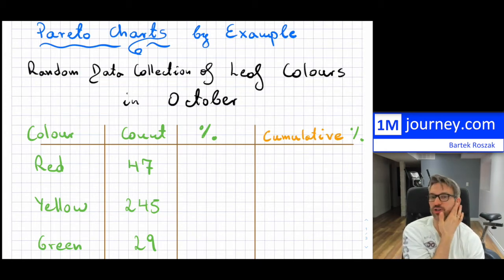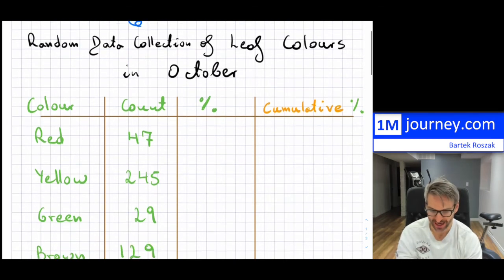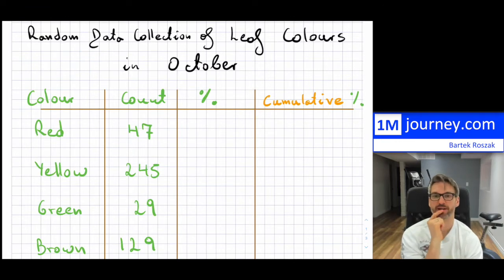But here is a construction of a Pareto chart. We are given this particular data set. Someone has collected this. I just kind of made it up, to be honest with you. So we have random data that's been collected: some leaf colors in October. So it's qualitative, kind of nominal in terms of the variable that we have.